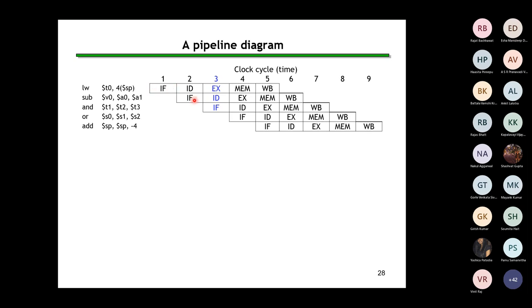It can now process, in the second clock cycle, the IF part of the second instruction. Isn't it so? I keep on doing this. So as you can see, if we look in the vertical direction at a particular clock cycle, what do you see?